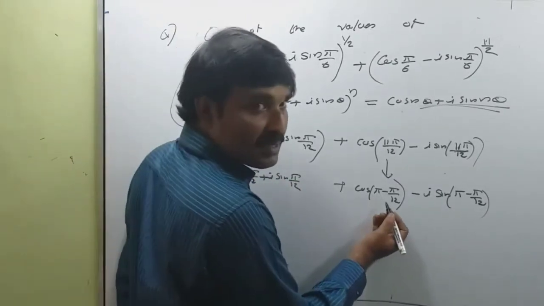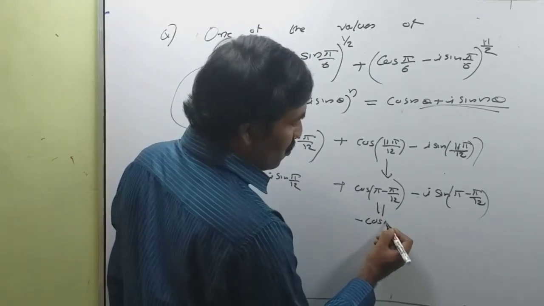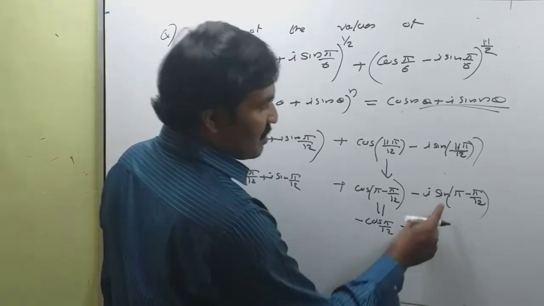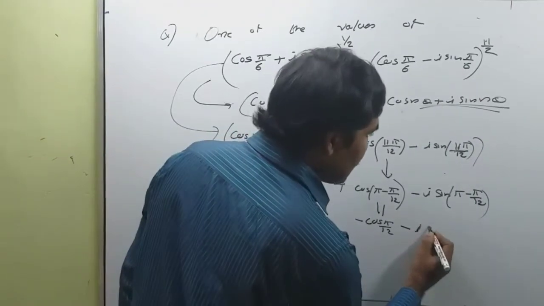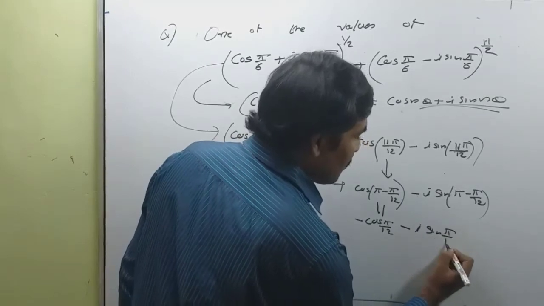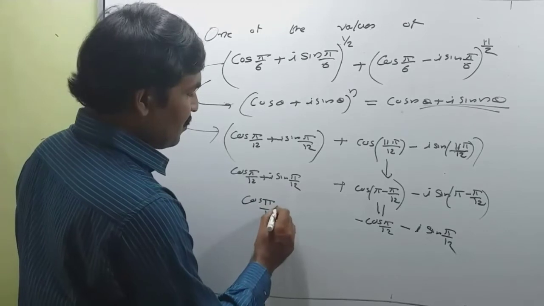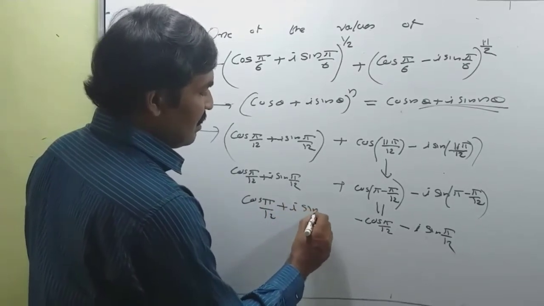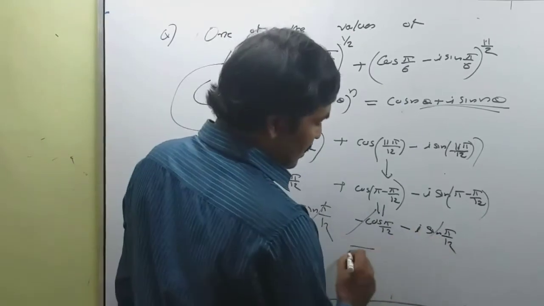Cos pi minus theta is equal to minus cos theta. So this becomes minus cos pi by 12. Sin pi minus theta is equal to sin theta. This becomes minus I sin pi by 12. And here cos pi by 12 plus I sin pi by 12. This gets cancelled. So the answer is equal to 0.